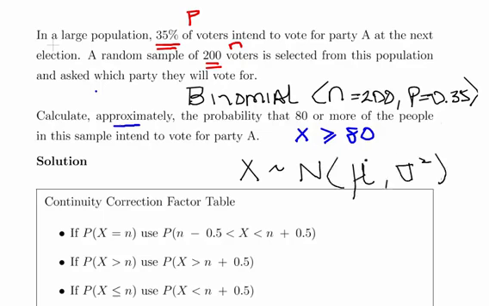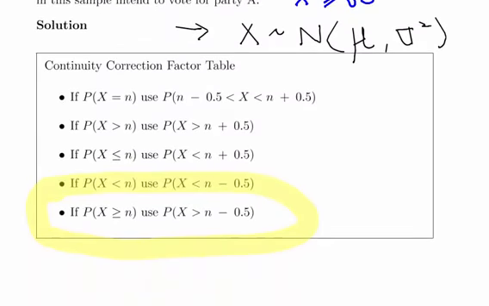So essentially we have to figure out what mu and sigma squared are. It's very straightforward, but we'll come to that shortly. So we're going to approximate the binomial distribution, X binomial, with this instead.